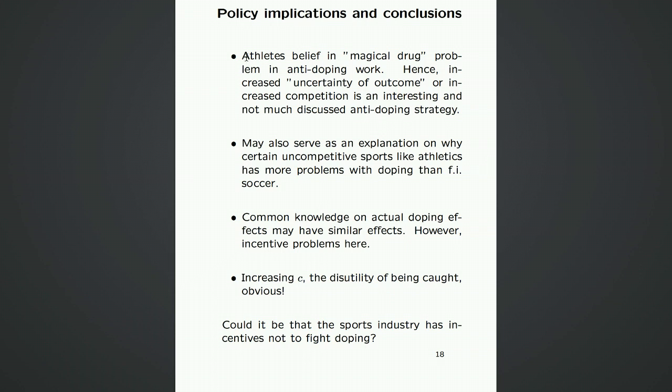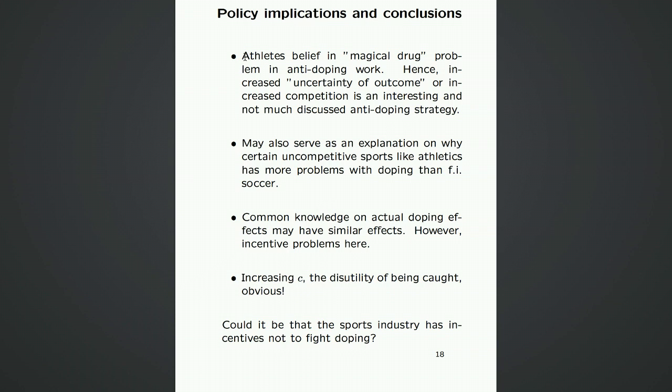But you see, some conclusions here. Athletes' belief in magical drugs is a problem in anti-doping work. So if the agents really believe that if we take drugs we can beat anybody, if that is the information the agents have, then of course this is a strong incentive to take drugs. Furthermore, it says, hence increased uncertainty of outcome or increased competition is an interesting and not much discussed anti-doping strategy.